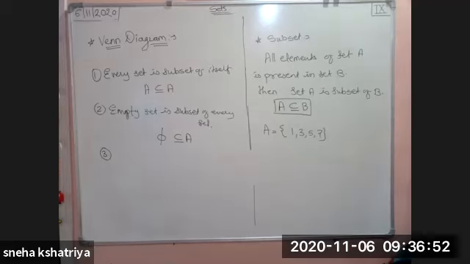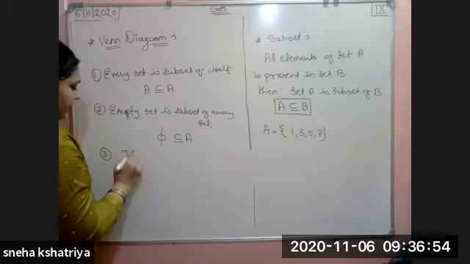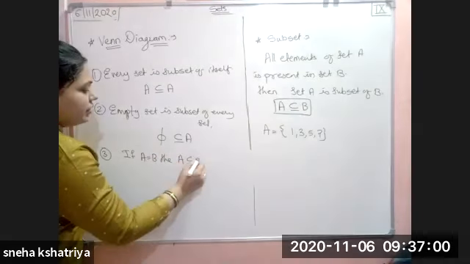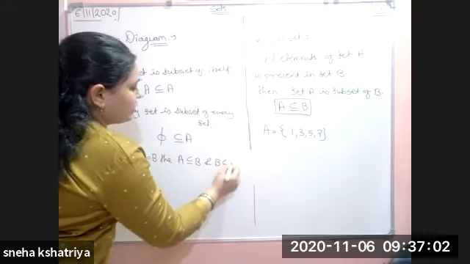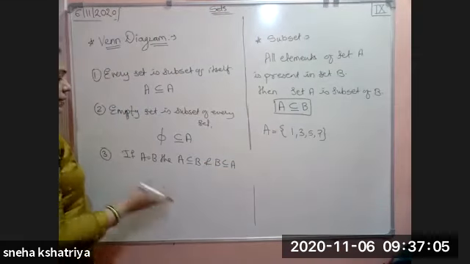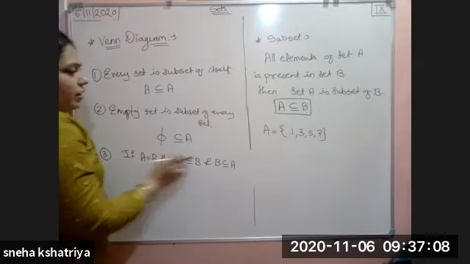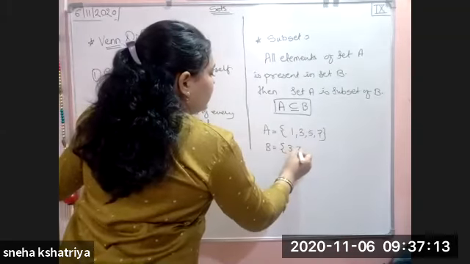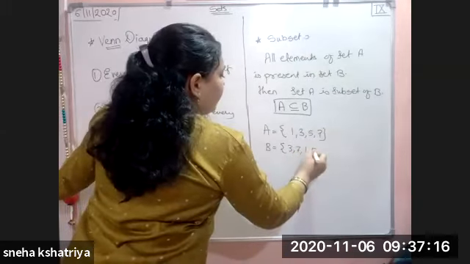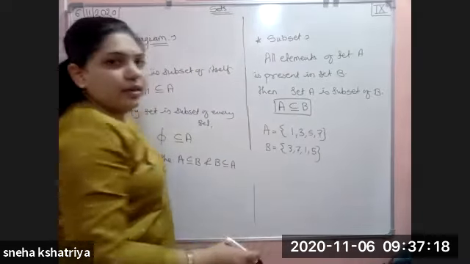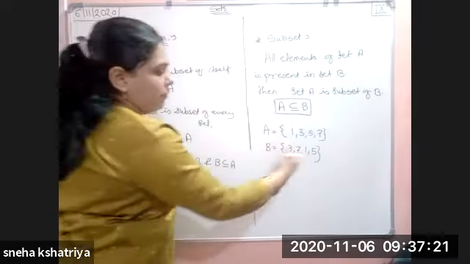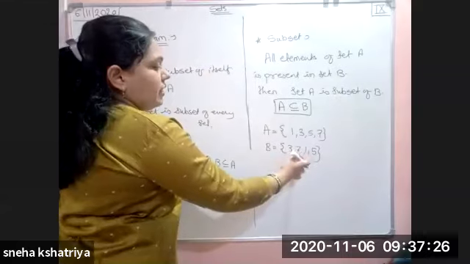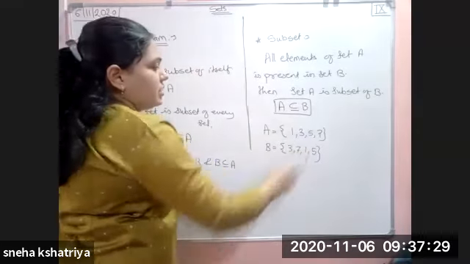Third one is if A is equal to B, then A is a subset of B and B is a subset of A. If A is the set 1, 3, 5, 7 and B is, for example, 3, 7, 1, 5, those are the same numbers written in a different form. I have just changed their position.